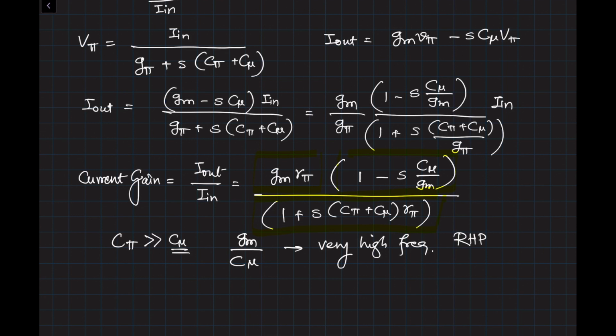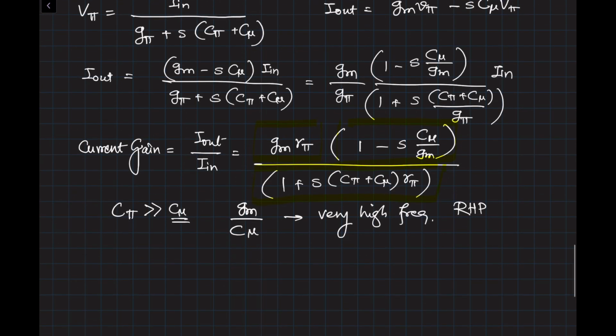So for the Ft calculation, we have to only worry about this denominator part, because the 0 comes into play at a very high frequency. Let's say that at s equal to omega t, we reach our Ft point. In that case, we're going to equate this entire expression equal to 1 for the Ft calculation.